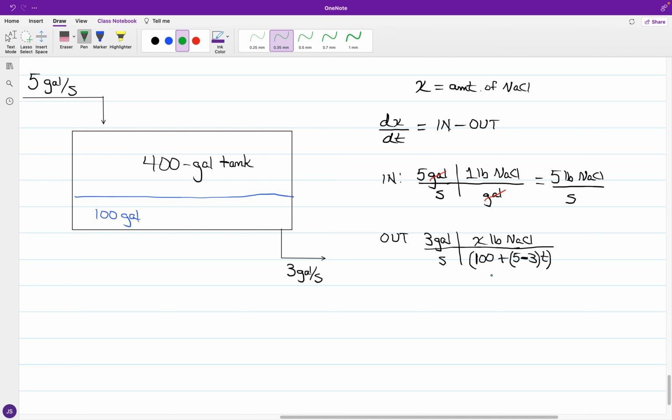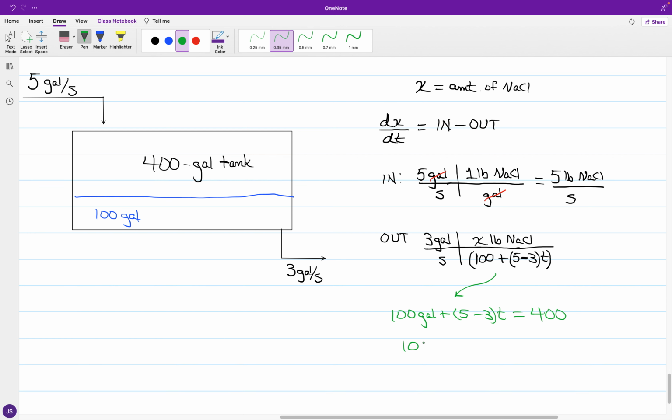And referencing what we have here, we got 100 gallons plus 5 gallons per second minus 3 gallons per second times the amount of time. And now the tank will be full whenever the solution gets to 400 gallons.